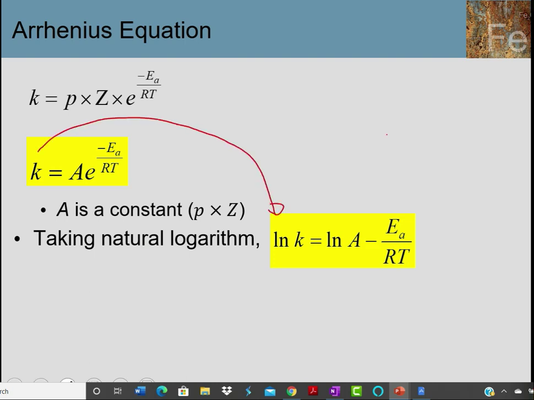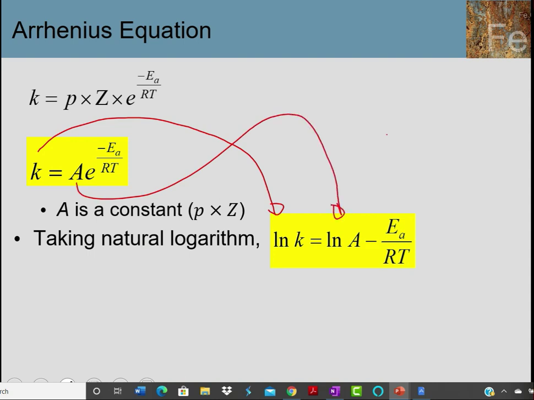Take the natural log of k as ln k. When you multiply things together, like A times e to the negative Ea over RT, the logarithms get added. So the A becomes natural log of A.